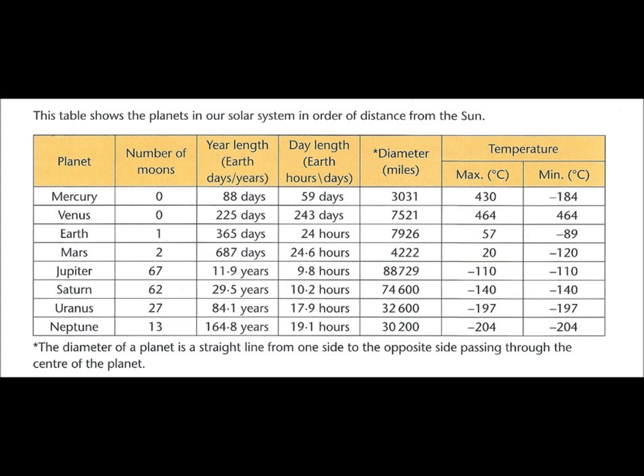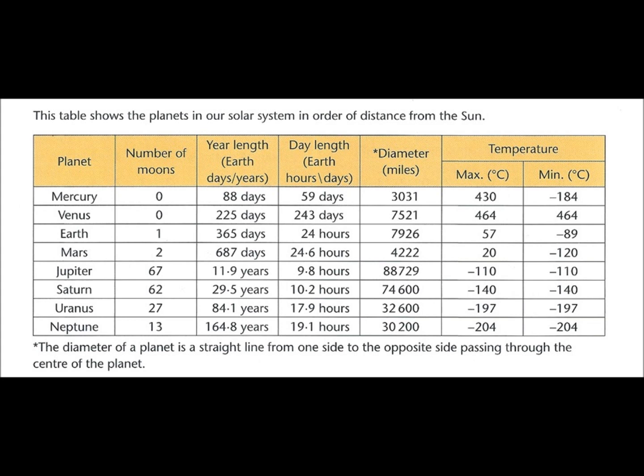So we're looking for the biggest positive value, and the largest number there is the 464. So the hottest planet is actually Venus. Despite being further away from the sun, Venus is the warmest planet.